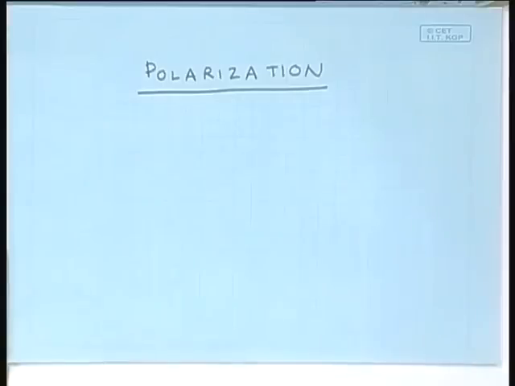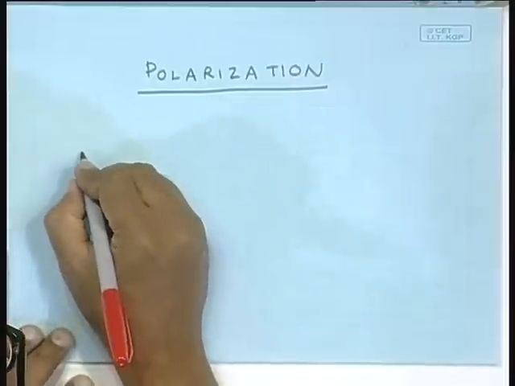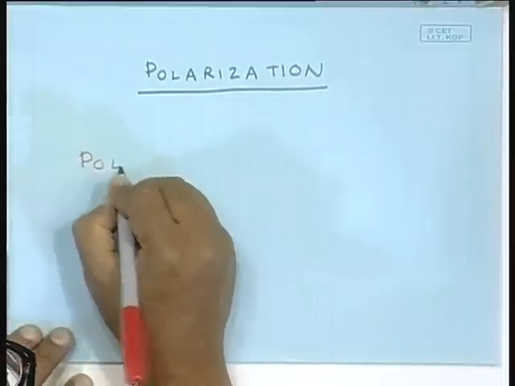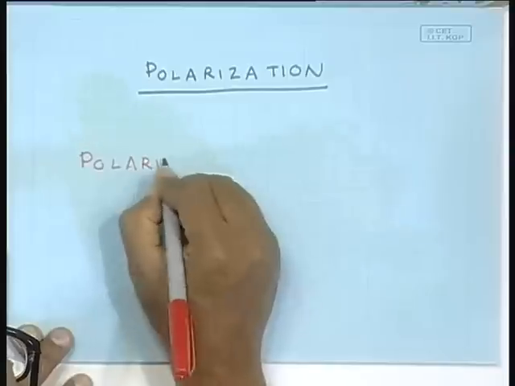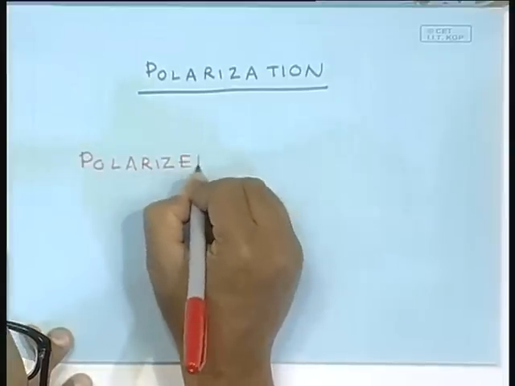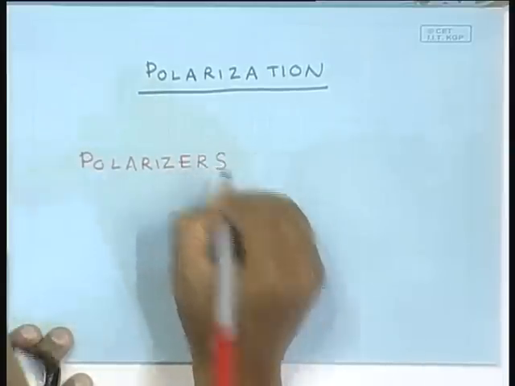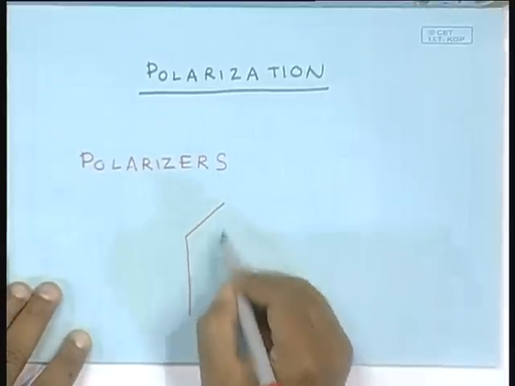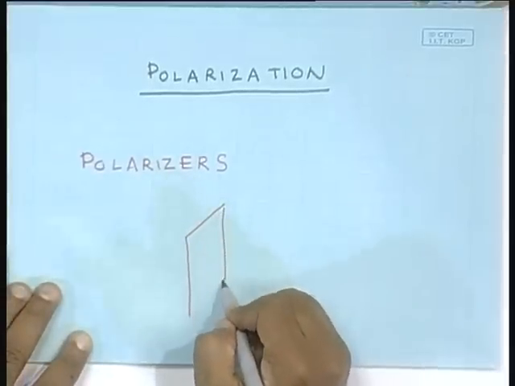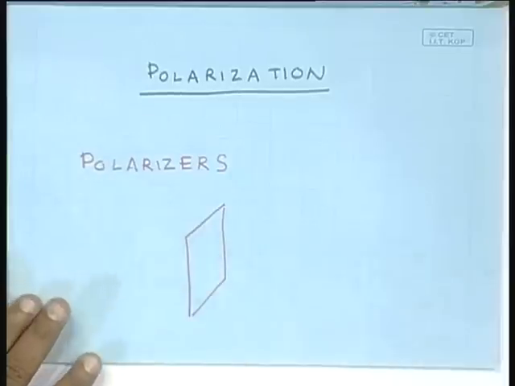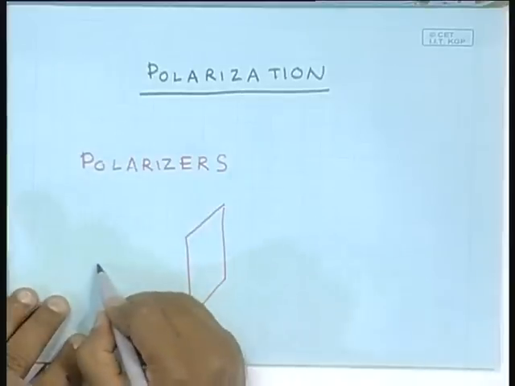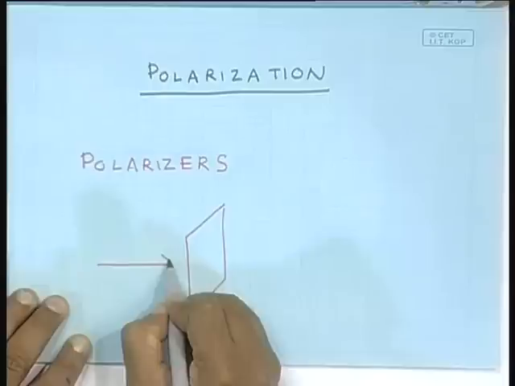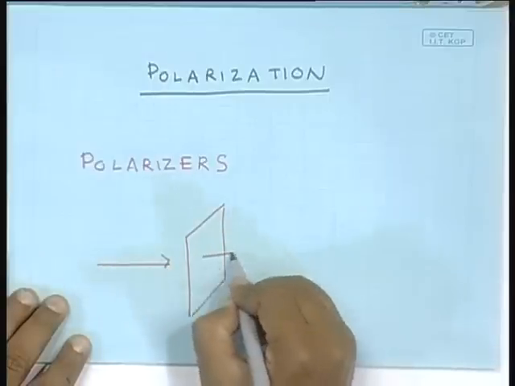Now, there are certain optical devices called polarizers. Let me draw a polarizer over here schematically. This is a polarizer, and typically we would send in radiation perpendicular to the plane of the polarizer, and the radiation would come out here.